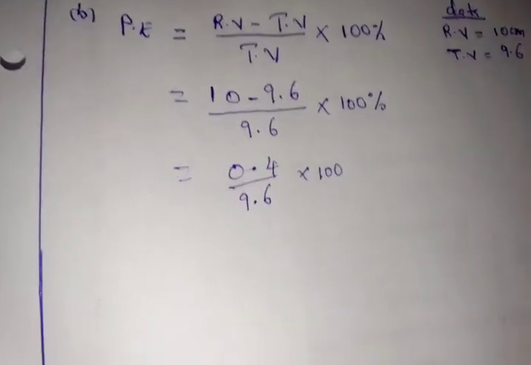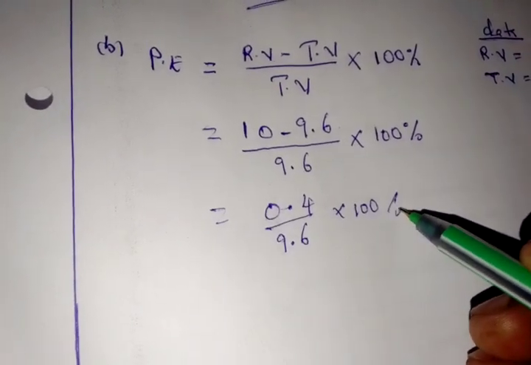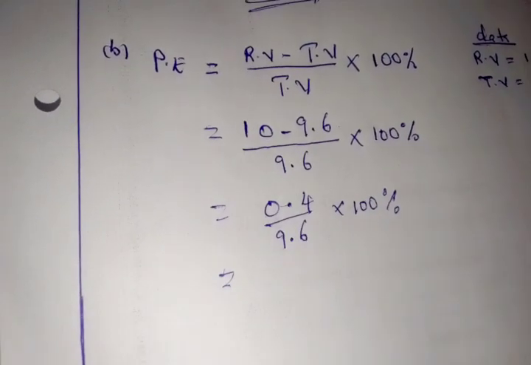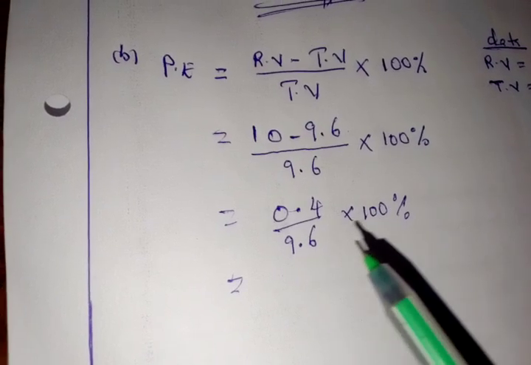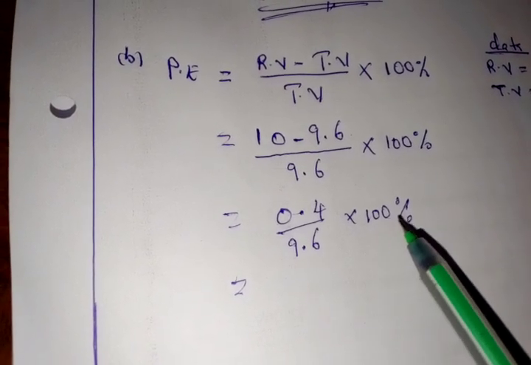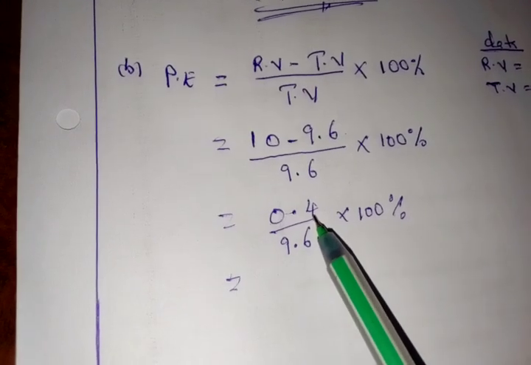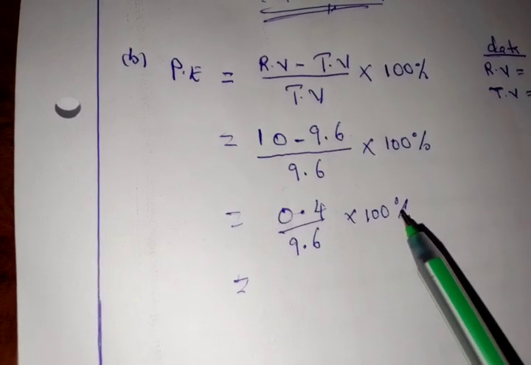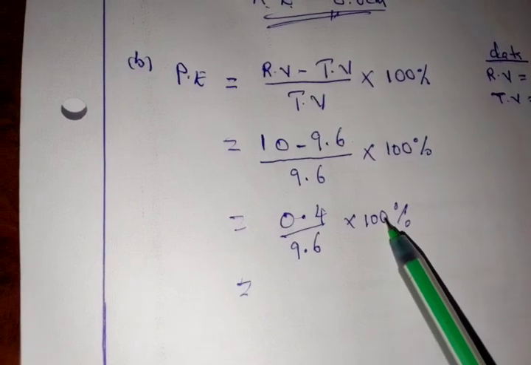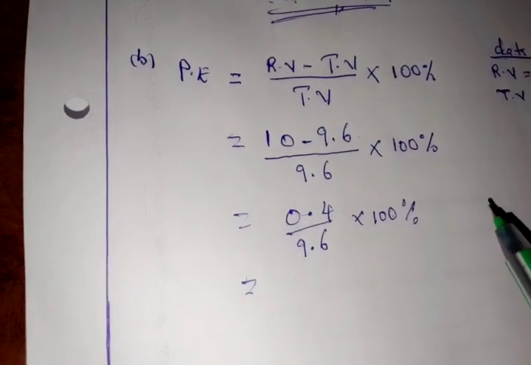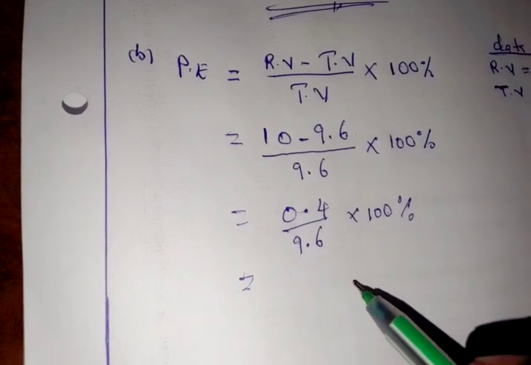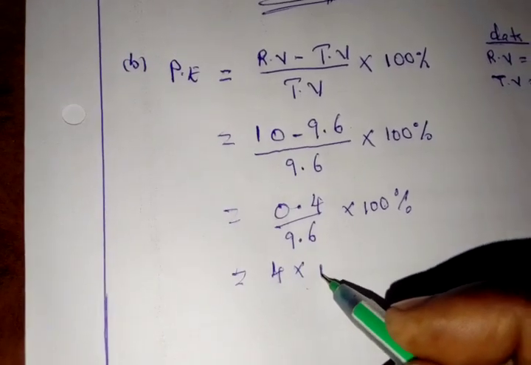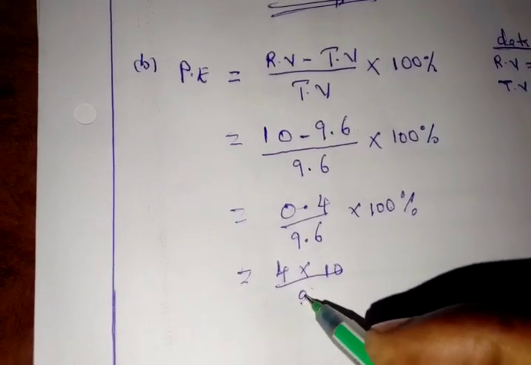So now what we do is multiply the 100 by this numerator here. Since this number has got zeros and this number has got one decimal place, we're going to remove the decimal, and then we also cancel one 0 here. If it had two decimals, we would have cancelled all the zeros. So this is going to be 4 multiplied by 10 over 9.6.